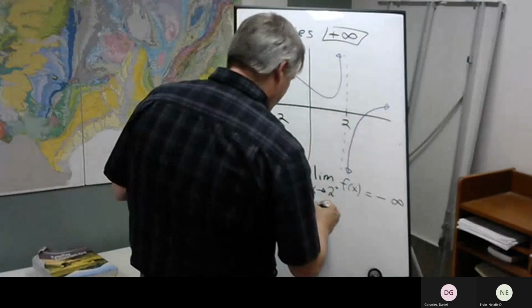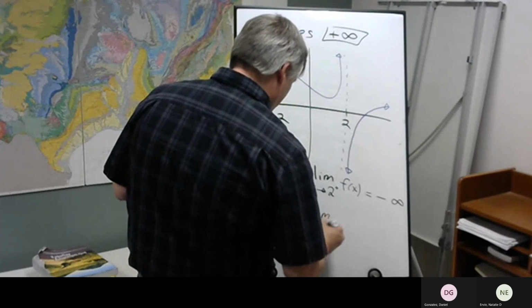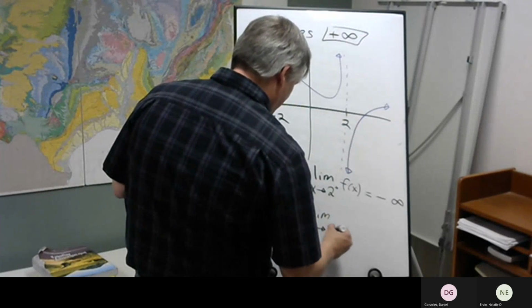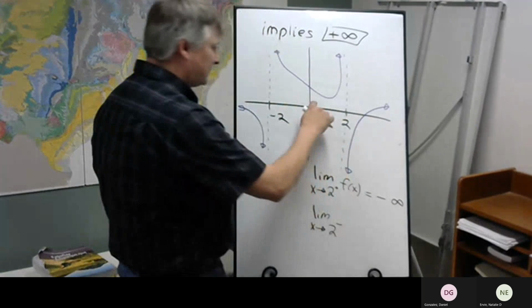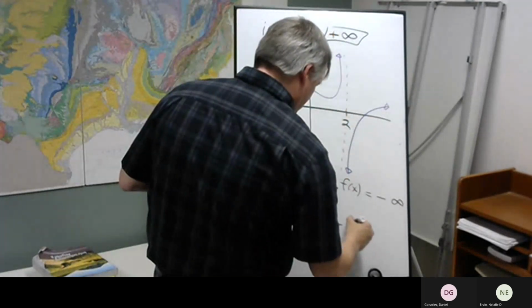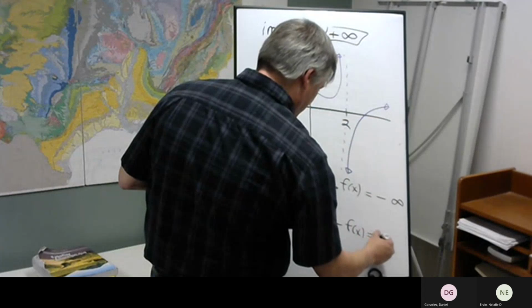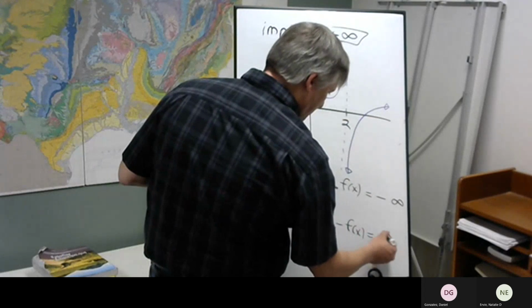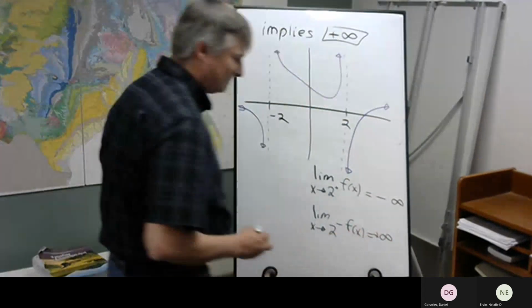And then the limit as x approaches 2 from the left, over here, it's rising up, we're going to get positive infinity.